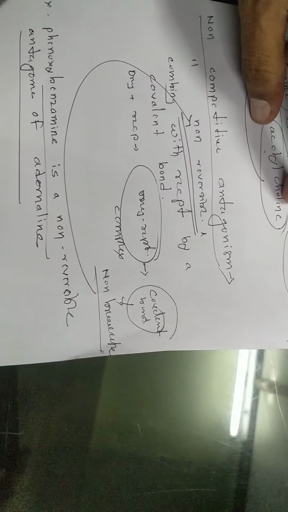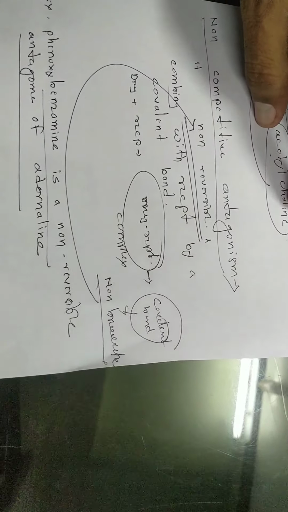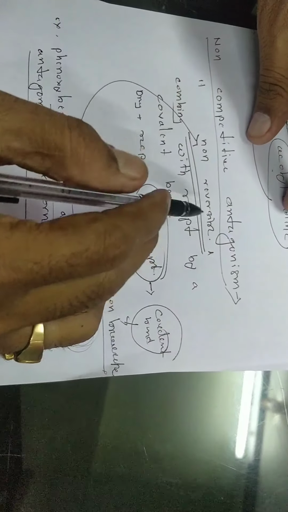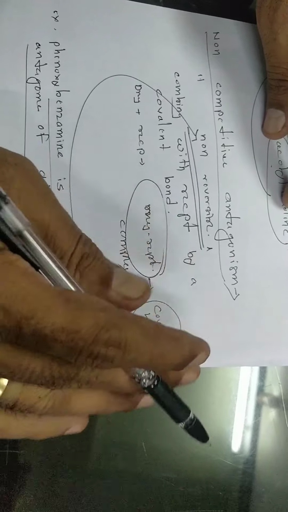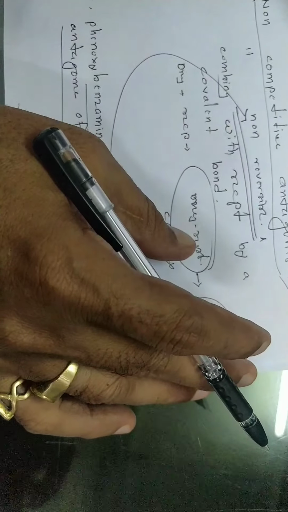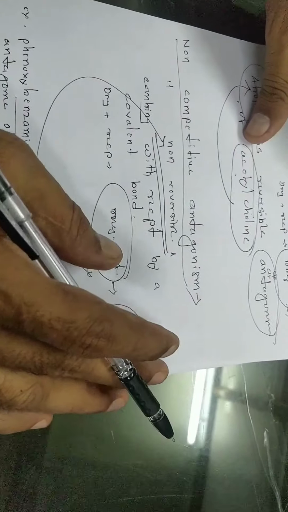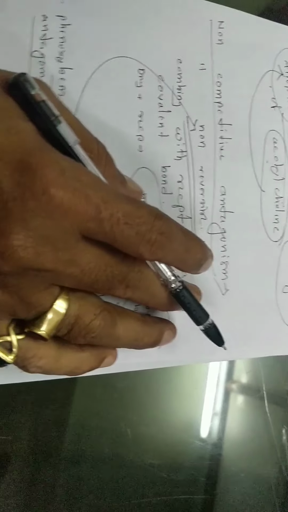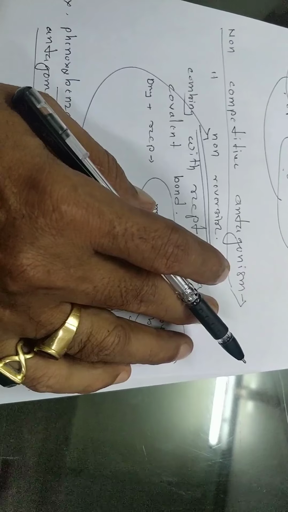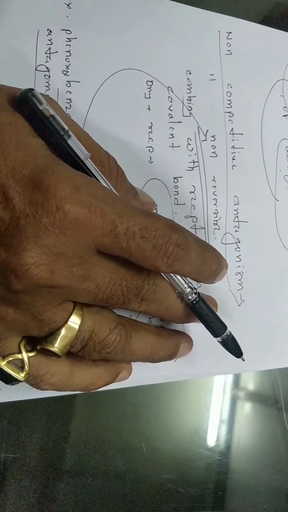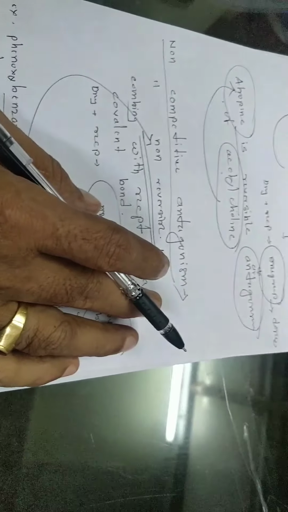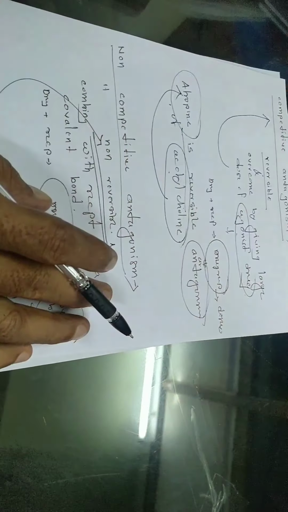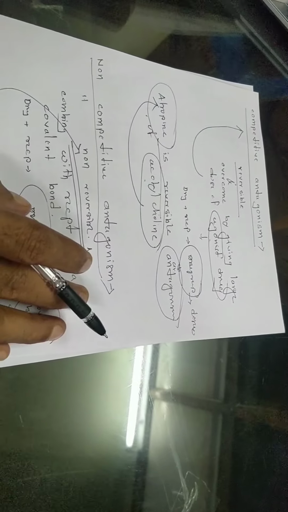They are of the following types: chemical antagonism, competitive antagonism, and non-competitive antagonism. In chemical antagonism, one drug chemically abolishes the action of the other drug. For example, acid plus alkali get neutralized, neutralizing the drug action of each other, and they give water. Now second, competitive antagonist, it is a reversible antagonist.